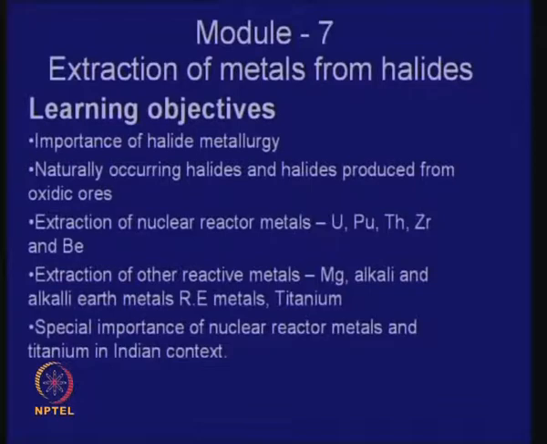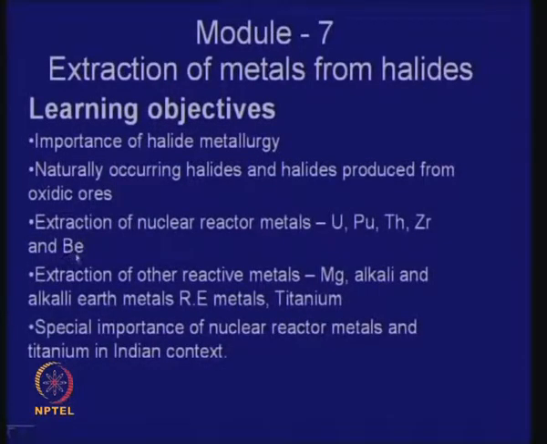After all, we need a place to keep the materials undergoing fission. And there we will need zirconium based alloys, because zirconium has an advantage. It does not absorb thermal neutrons, because if thermal neutrons get absorbed, then they would not be able to carry on the fission reaction.